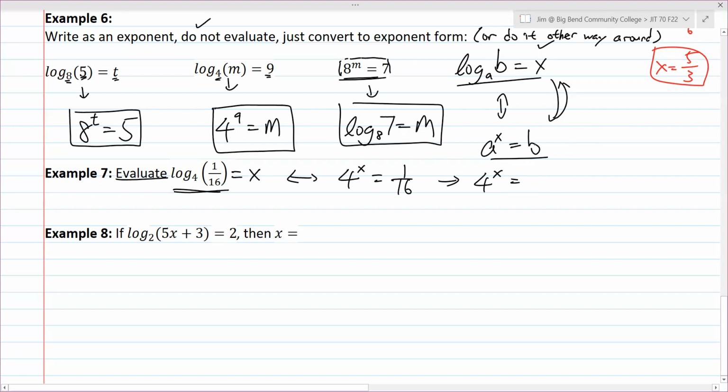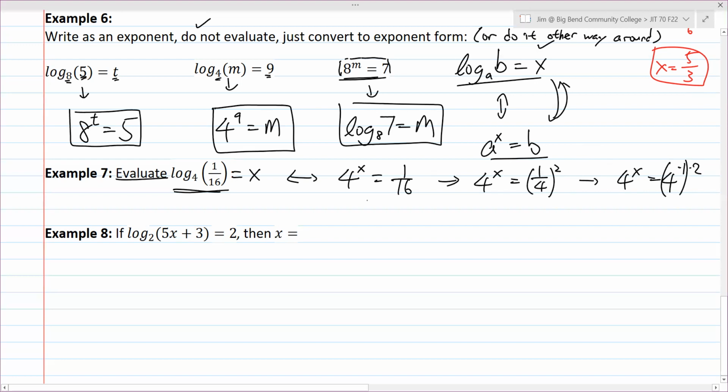Let me go over that step by step. 1/16, well, gives you something like 1/4 squared, and then, right, we are finding the like base again. So 1/4 turns into 4 to the -1, and that's multiplied by the extra power of 2.